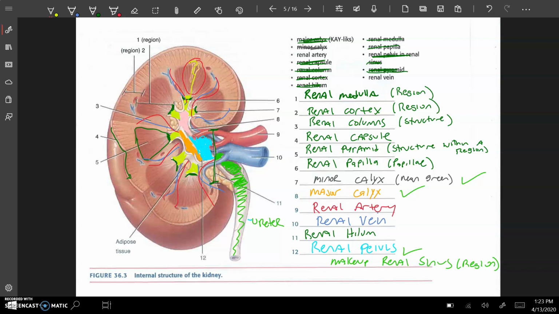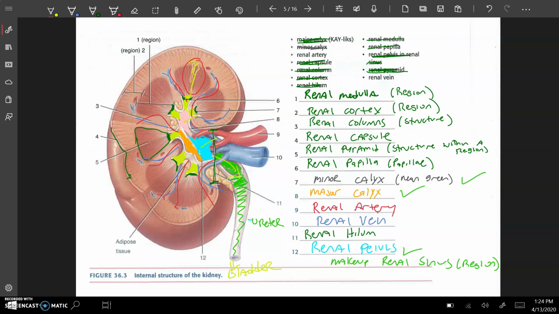The renal papilla will drain into the minor calyx, which will drain into the major calyx, and the 2 major calyces will drain into the renal pelvis. The renal pelvis will drain into the ureter. The ureter will take that urine down to the bladder.